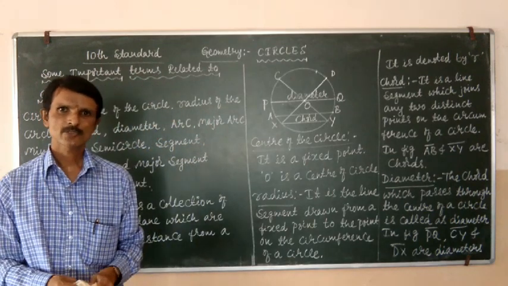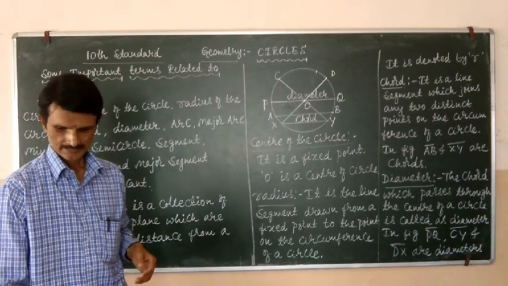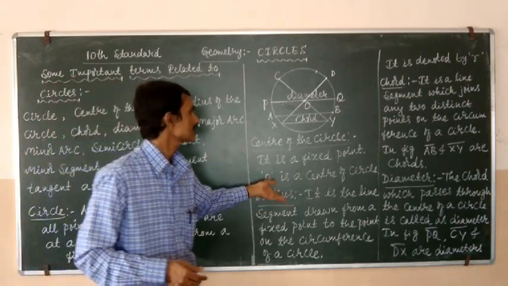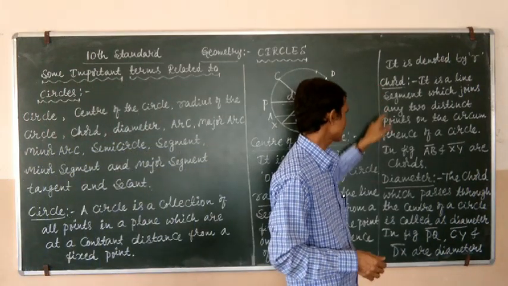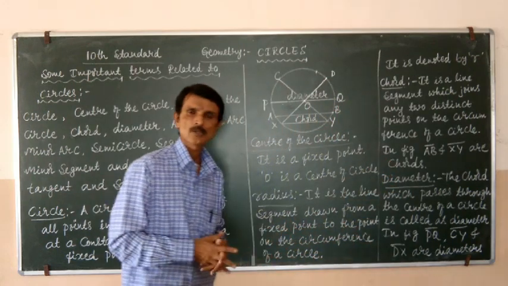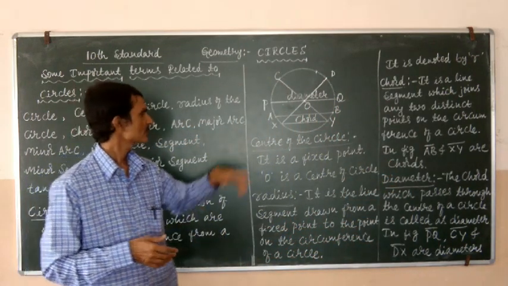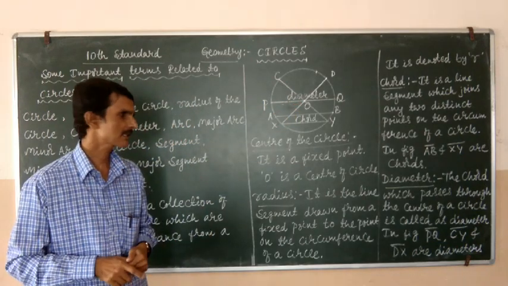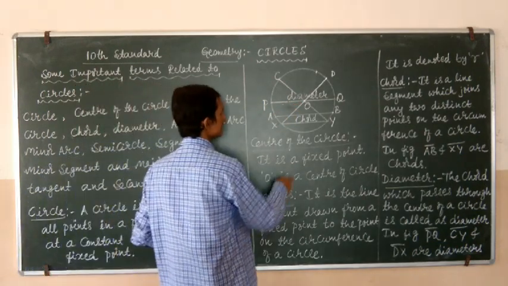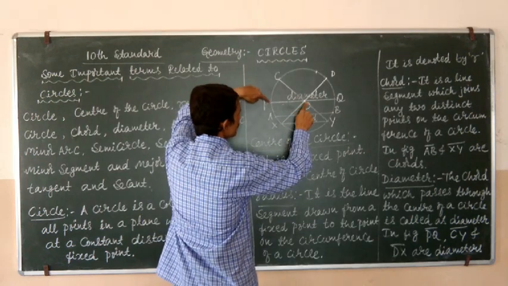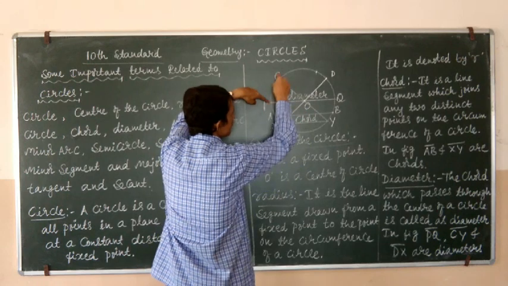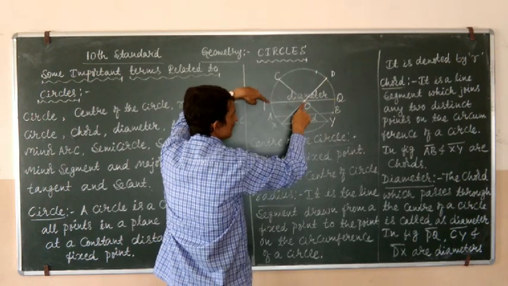So I think you have cleared up the terms radius and diameter. Center means the fixed point is called the center of the circle. Radius means the line which joins the center and a point on the circumference of a circle.